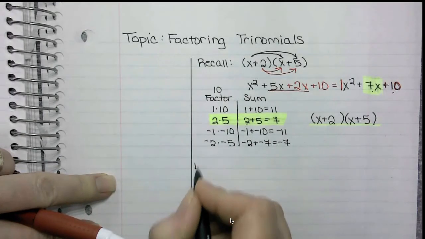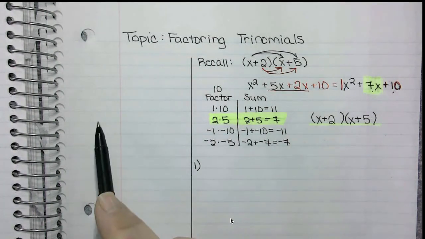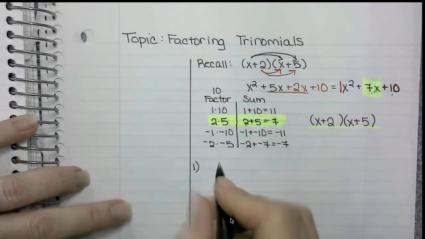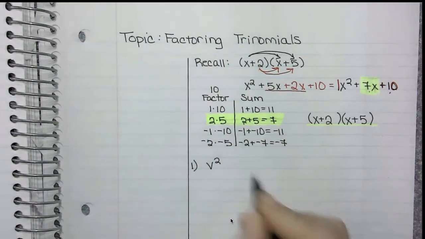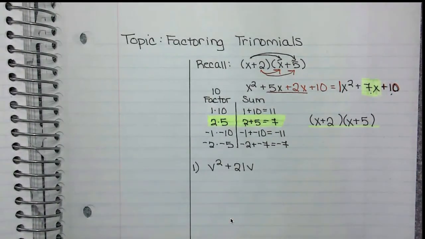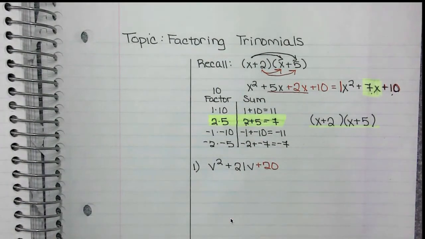So first example, and remember to write any questions that you have over here on the left-hand side, and then we can answer them when we do our examples in class. Let's look at b squared plus 21b plus 20. And I need to know what I need the factors of.